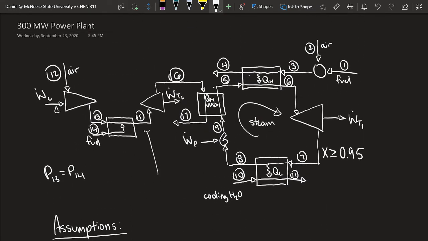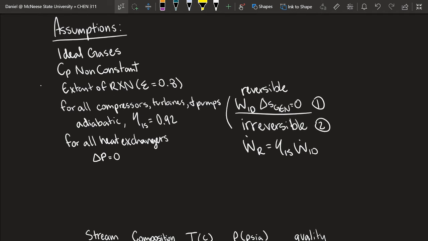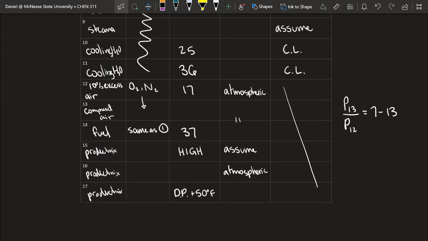The higher you can get this, the better, so you can get the most amount of work. But your equipment also starts to break after a while, so you don't want that to happen. I believe that is all the assumptions that you're going to need to make.